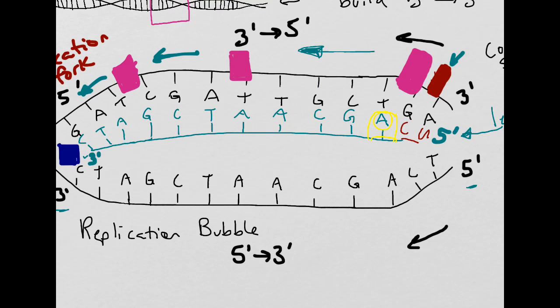Okay. All right, so the first thing that has to happen, we do need RNA primase to come in and lay down a primer for us. We're going to put our primase working right here. I'm going to put it right there.